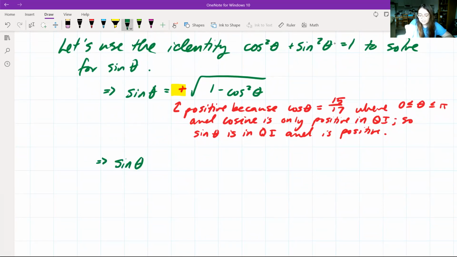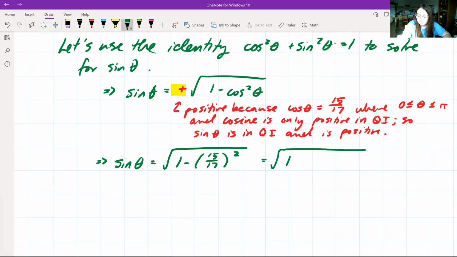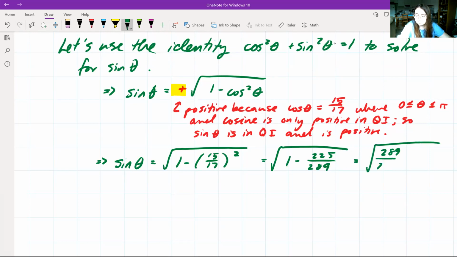So continuing this on, sine of theta is equal to, now it's going to be 1 minus 15 over 17 squared. So the value of 15 over 17 squared is going to be 225 divided by 289. And if we're subtracting this from 1 here, we can rewrite 1 as 289 over 289 minus 225 over 289.